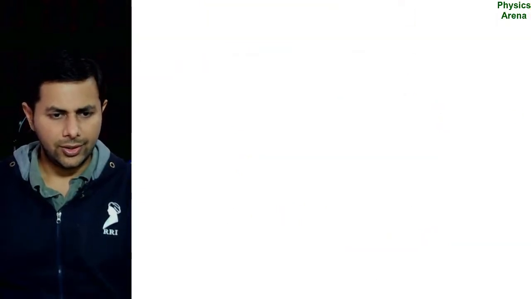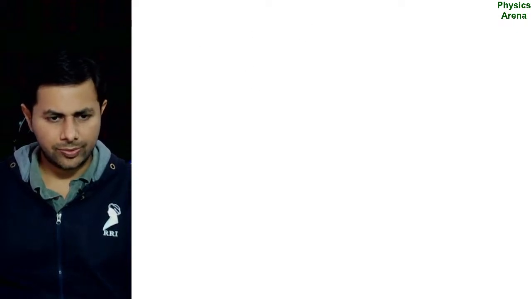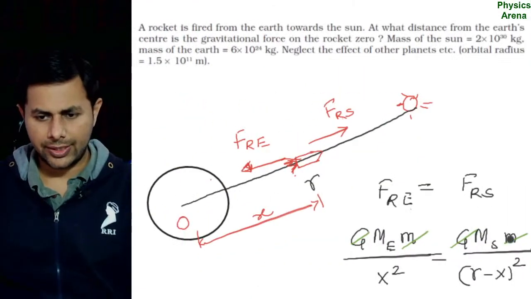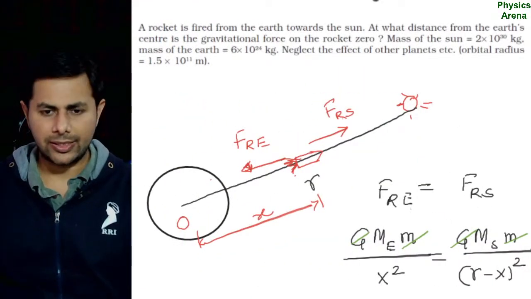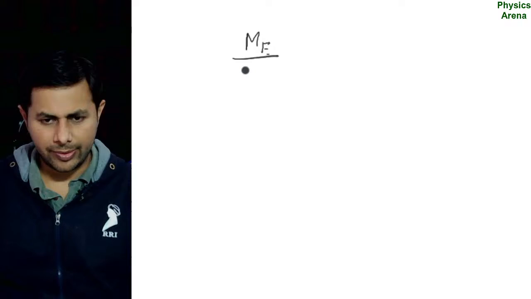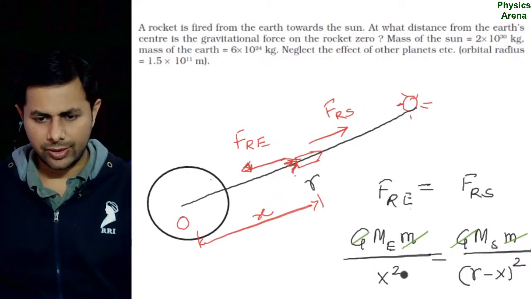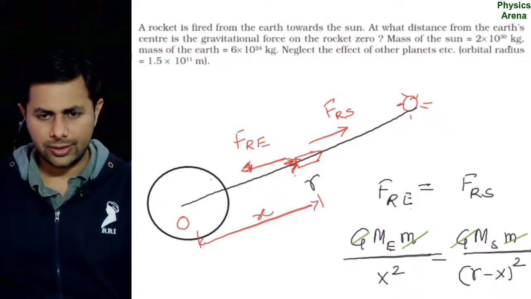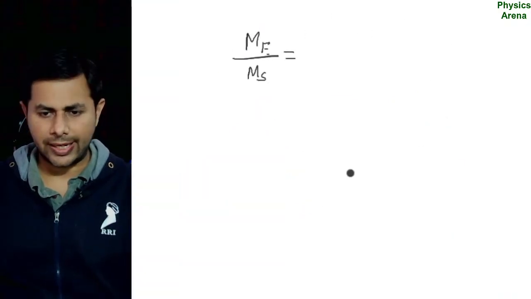All right, so we have mass of Earth, and I will take this mass of sun on the left hand side, so divided by mass of sun, and it's equal to, I will take this x squared on the other side, so it goes in the numerator of the right hand side.